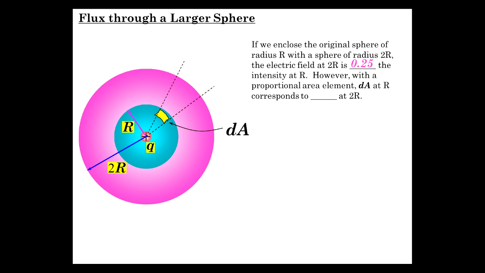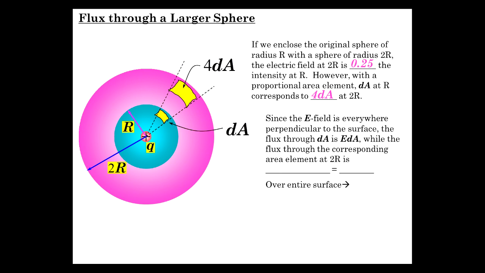But the area element out here is proportionately 4 times the area element here. Whatever that is, it's still 4 times as much. It's a good analogy because the area is quadrupled, but the intensity has been quartered.